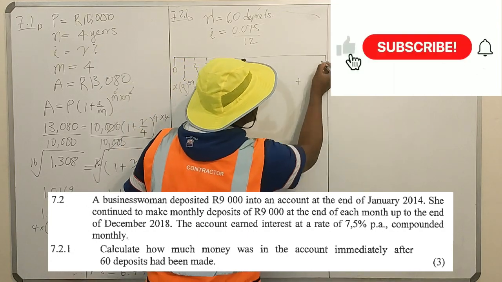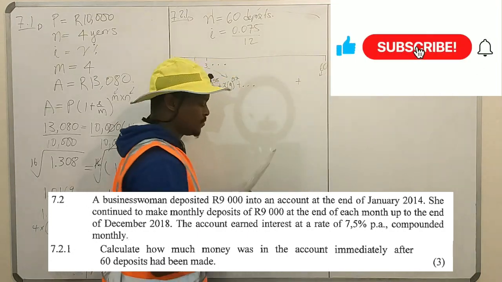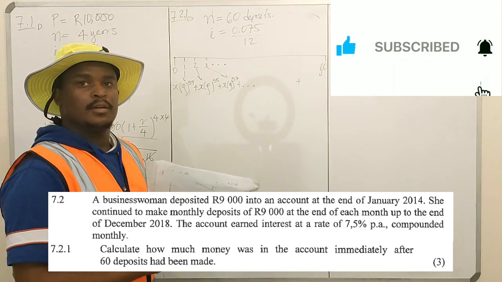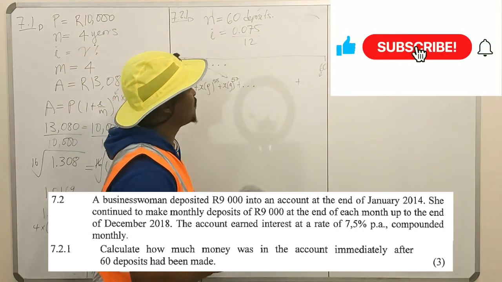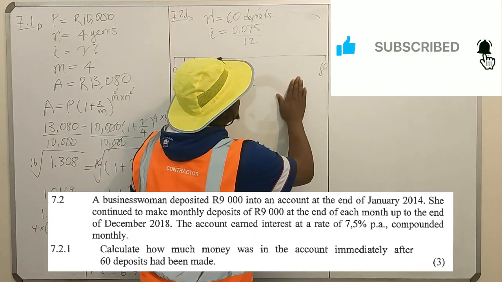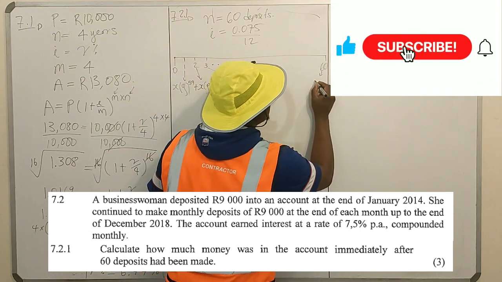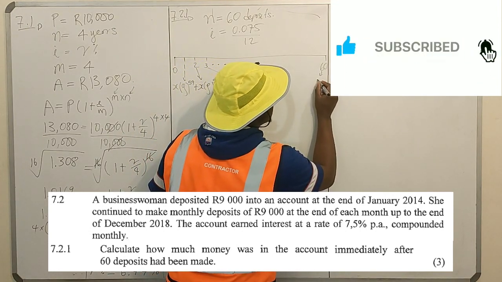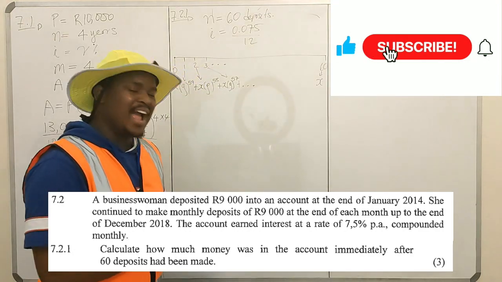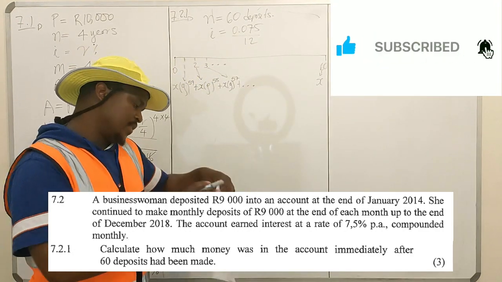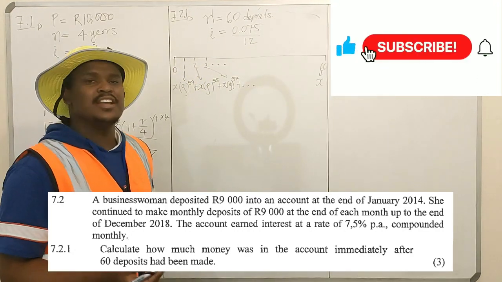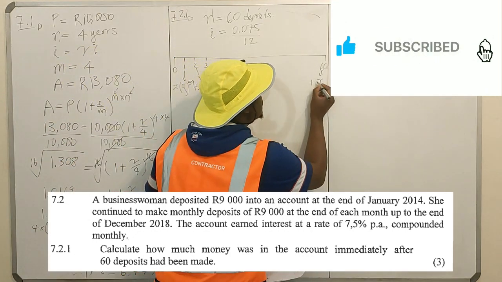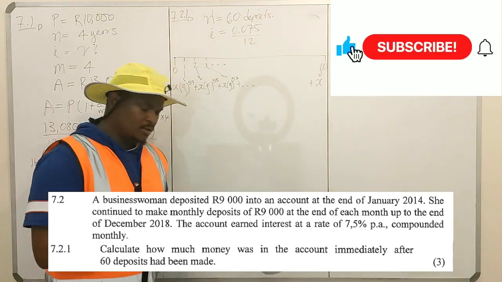up until, let's say, the last one, the 60th deposit. Let me write it here. So the 60th deposit is made at the end of December 2018, right? So if it's made at the end of December 2018, then on this amount there's no interest gained.